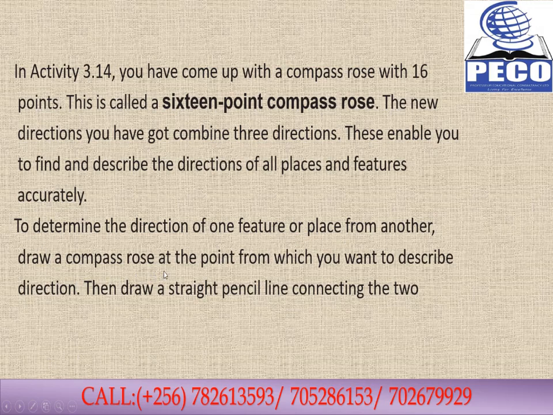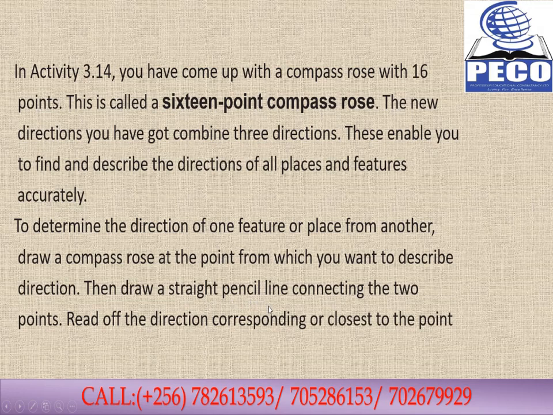So to determine the direction of one feature or place from another, we draw a compass rose at the point from which you want to describe the direction. Then a straight line in pencil is drawn connecting the 2 points or the 2 places, place A for example and place B. Then we read off the direction corresponding or closest to the point whose direction you want to find.